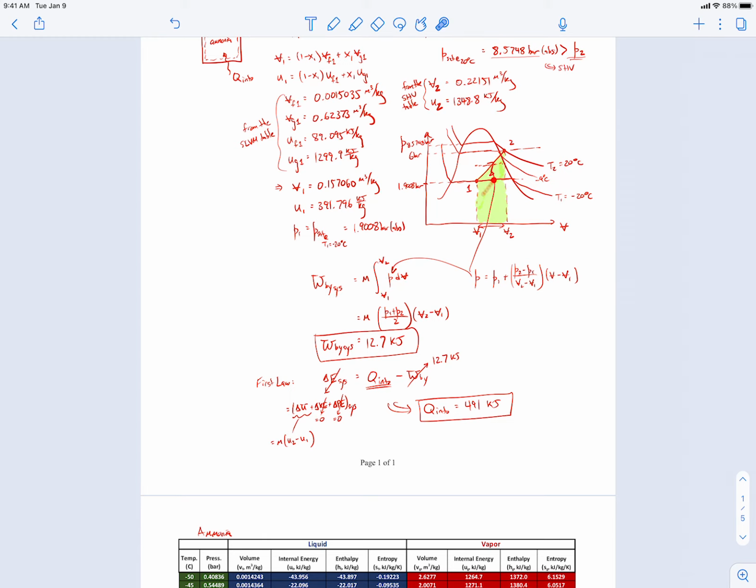So I just took the area under this. So it's a triangle plus like a rectangle. So I just used the average value for the pressure between 1 and 2, which is right there, multiplied by the width, which is right here. And then to find the heat, I just made use of the first law of thermodynamics, recognizing that the change in kinetic and potential energies are 0. Okay, we'll end the example there.